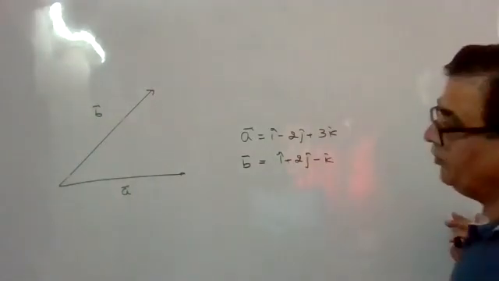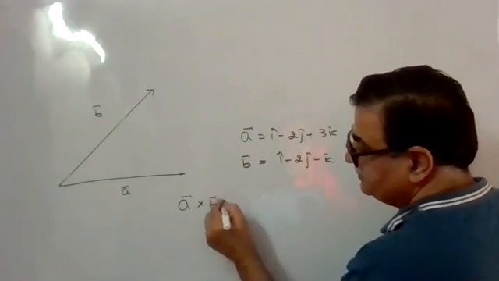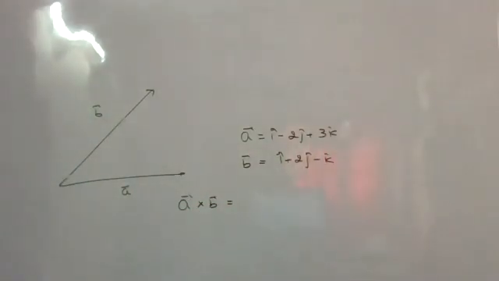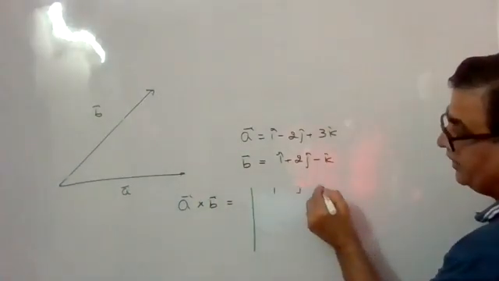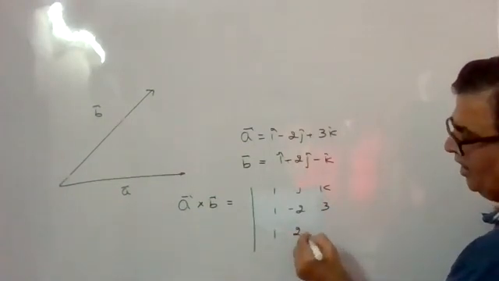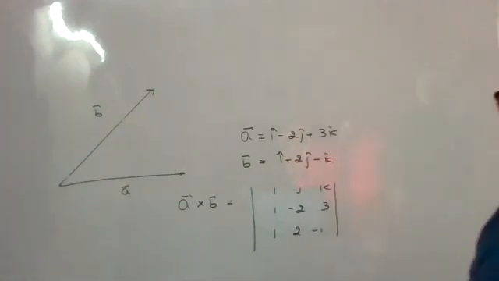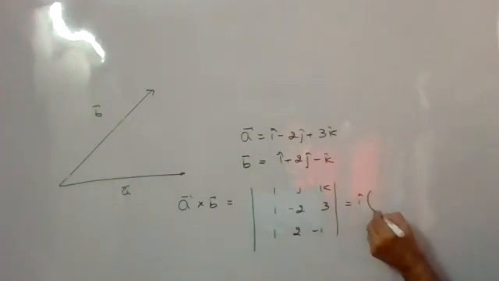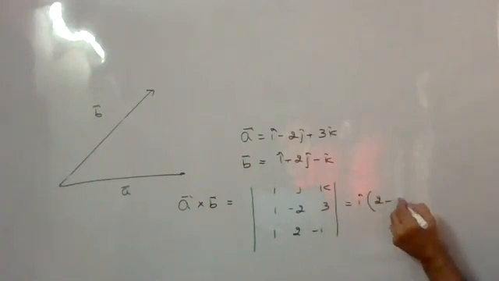So to get a vector perpendicular to A and B, we first find A cross B. A cross B will be the determinant with rows i, j, k; 1, minus 2, 3; 1, 2, minus 1. Sorry. Proceed now. Then for i it comes out to be 2 minus 6.